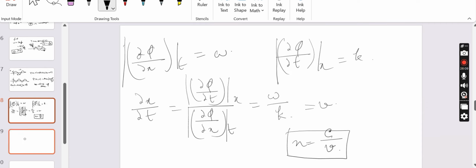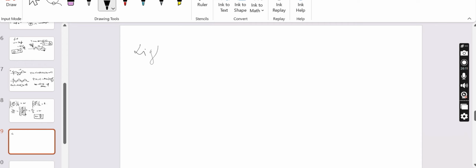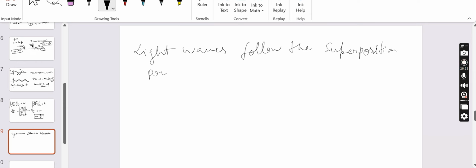And we know that light waves follow the superposition principle.